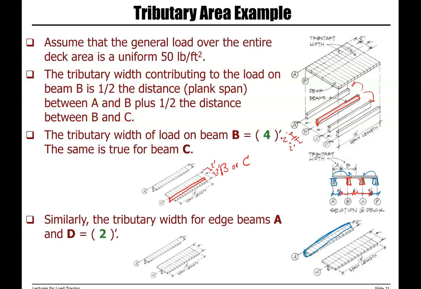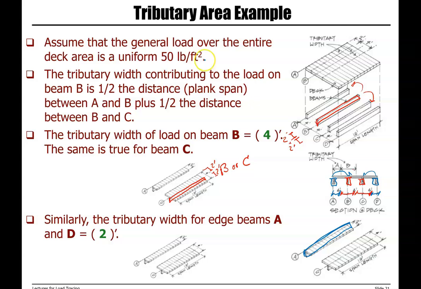Okay, so now how can we calculate the load transferred to the beam? We said that the tributary width of load on beams B and C is 4 feet, and on beams A and D is 2 feet. But how much is the load? What is the percentage? What is the contribution of area load to each of these beams?